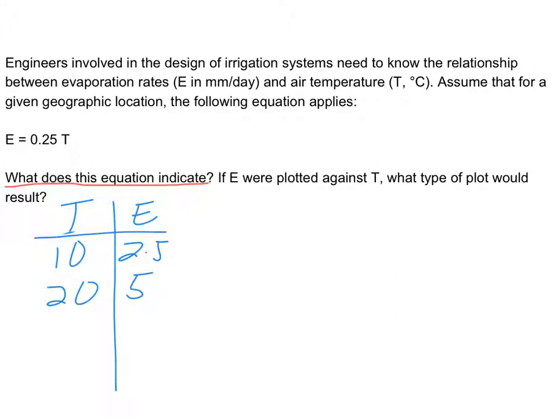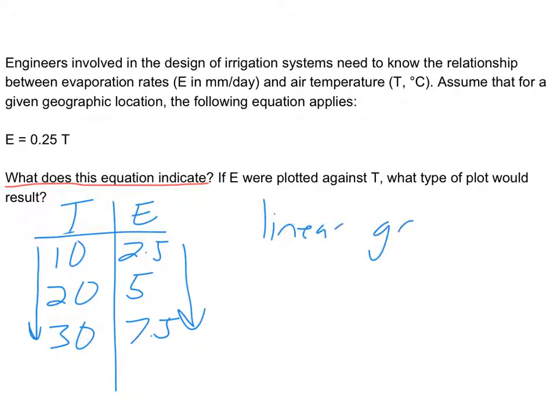So the evaporation would be 5 millimeters a day at 20 degrees Celsius. Same thing with 30, I would get 7.5. So as you can see, as my T values get bigger, so do my E values. And you will notice again that this is going to be a linear graph. So that would be the type of plot. It's going to be linear.